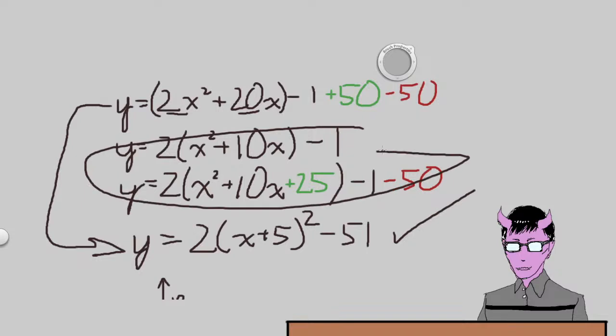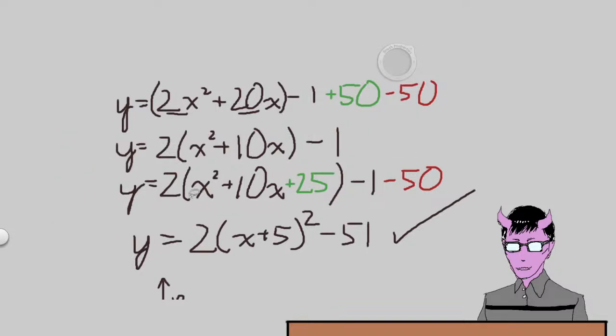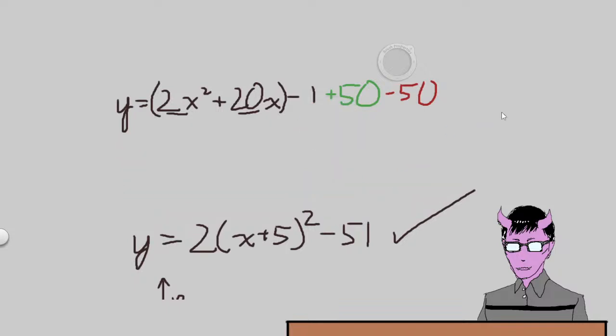Could we have skipped this portion? To a certain extent, yes. If you're comfortable, if you feel like this is a different method than the first one I showed you, it kind of is. So let me talk about that. Well, let me delete these parts.